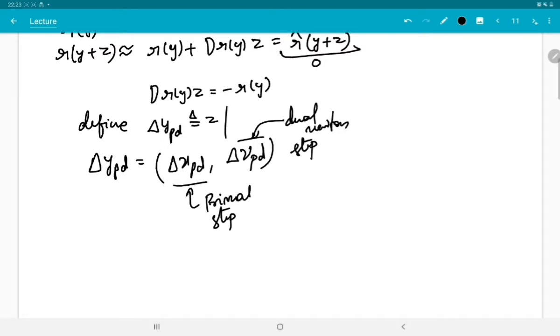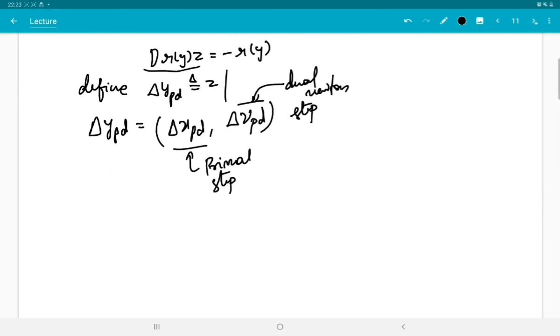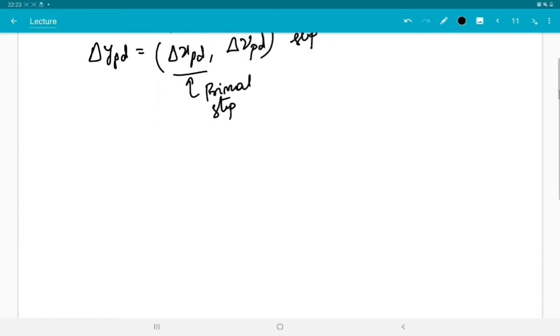Now what we can do is use this expression of the derivative. If we expand this in terms of all the partial derivatives with respect to y, what we get is a matrix.